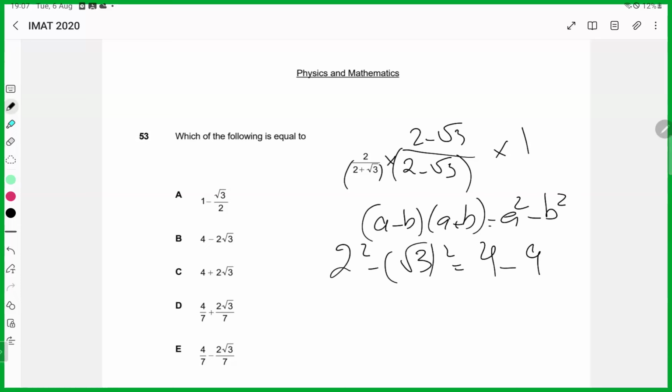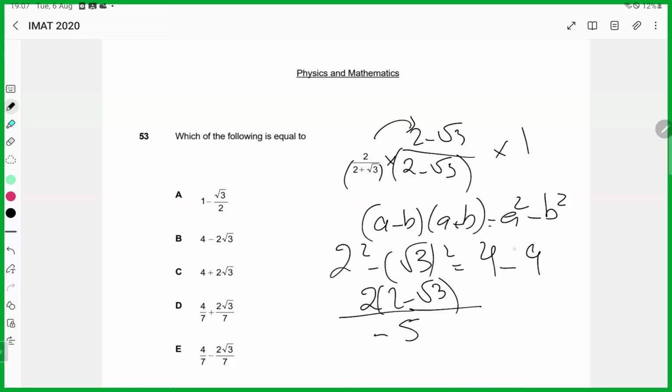So 2 over 2 into 2 minus radical 3, because we should not forget this, over minus 5.